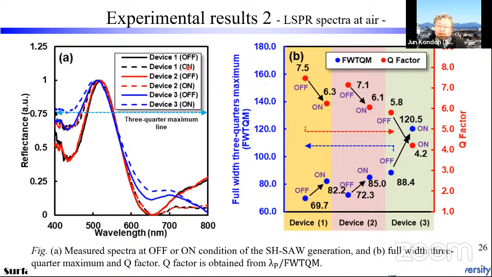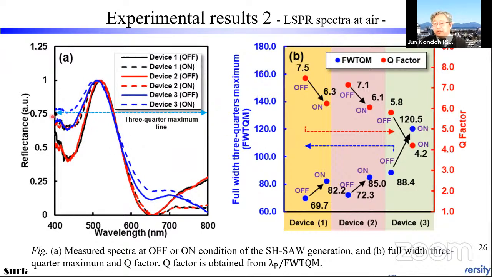That means that due to the shear horizontal vibration, the particles on the surface are moved and the distance is changed. And compared with the simulated result, the distance between the particles increases. Therefore, the peak wavelength decreases. That is the blue shift.